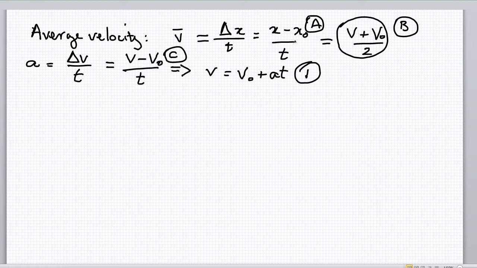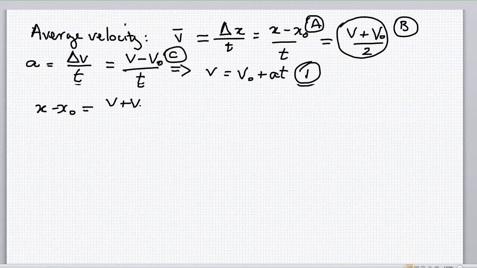As you can see, x minus x naught over t is the same as v plus v naught over 2. So I can put those two equal to one another. What I'm going to do is say x minus x naught equals v plus v naught over 2. I've forgotten my t over here.